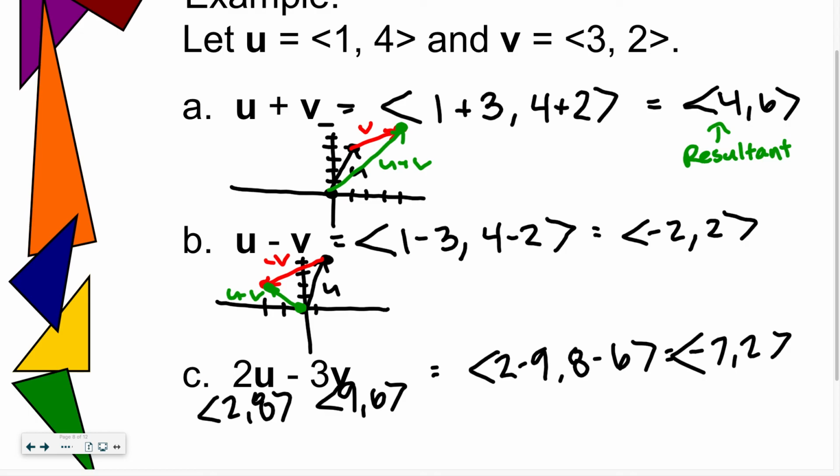Visually, I won't take the time to graph that one, but what would happen is I would actually be graphing those longer vectors that were multiplied by 2 or multiplied by 3. So I would go right 2 and up 8, because that's 2 times the original u. And then I would add on the larger vector v. Oh, sorry, subtract. I would go left 9 and down 6.